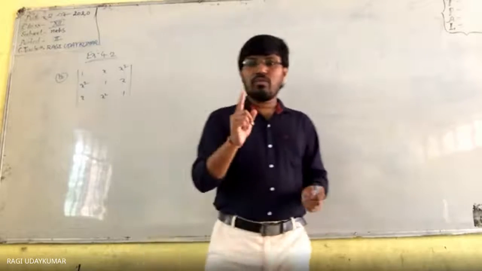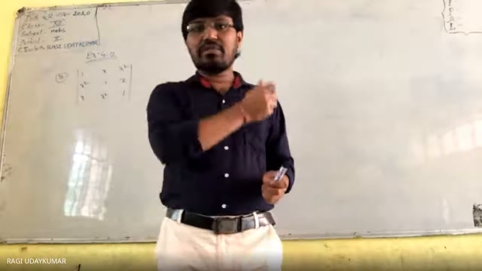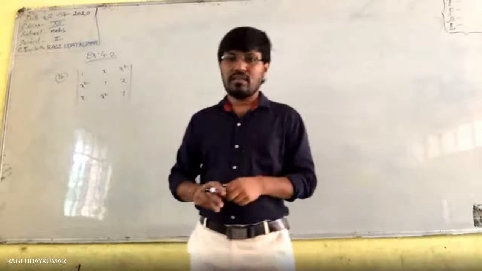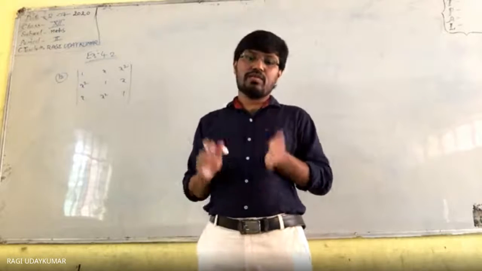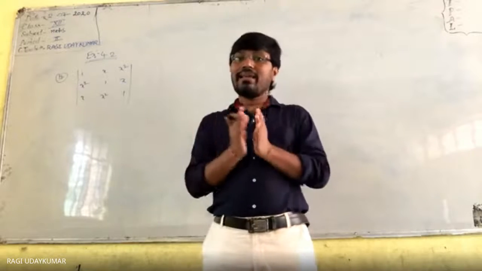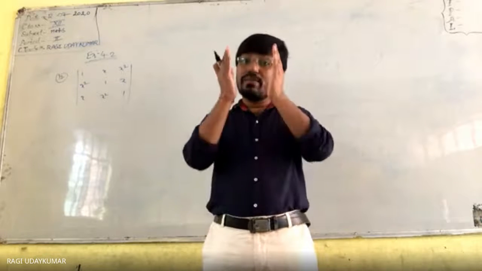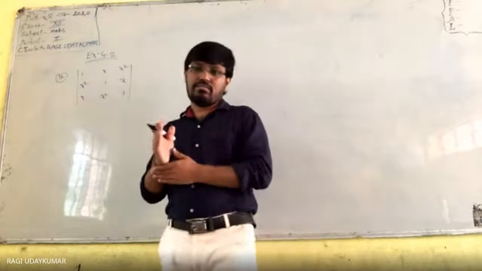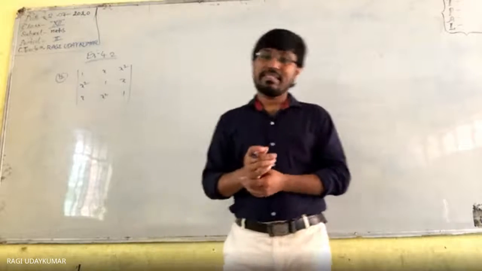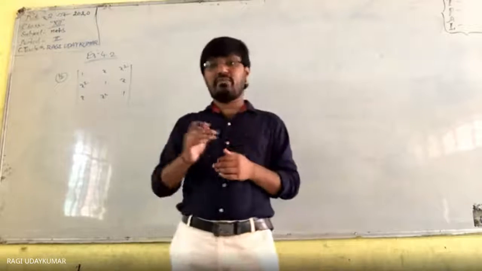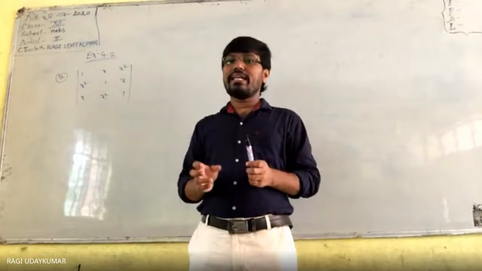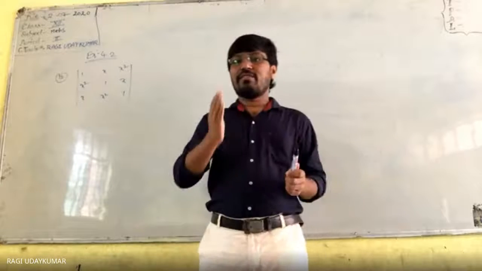I am explaining different types of models to you here, not only exactly solving the problems. One is adding 3 rows or 3 columns. You will get 1 row or 1 column identical, that is, identical elements will be there. If you take that identical element common, you will get 1, 1, 1.